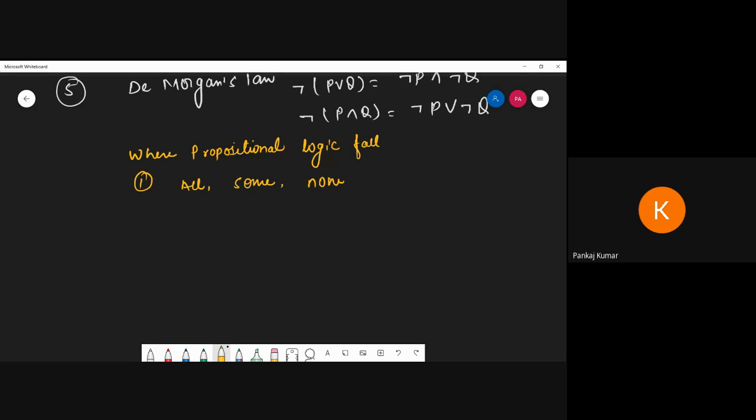Propositional logic has very little expressive power, so we cannot describe them. These things are very important.